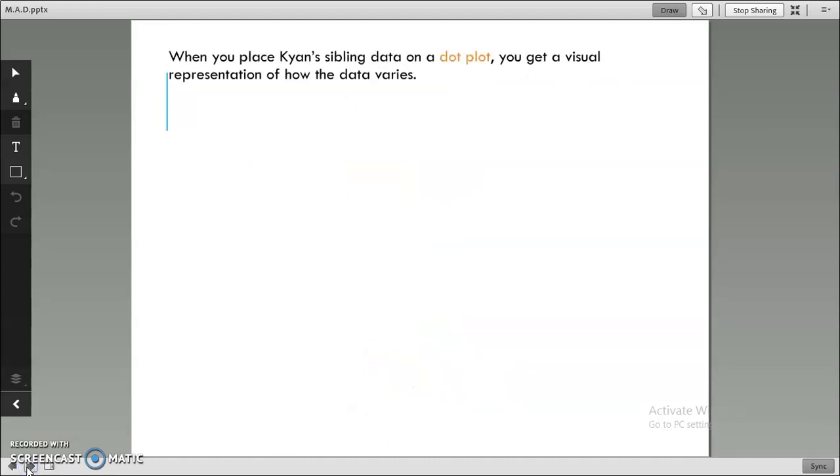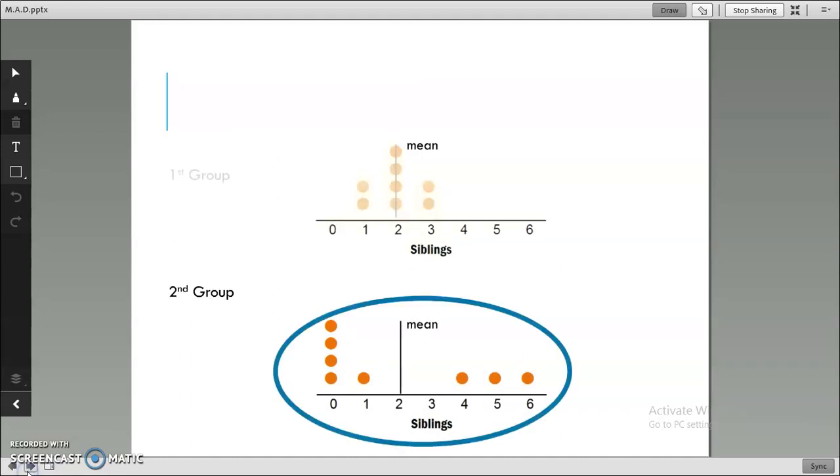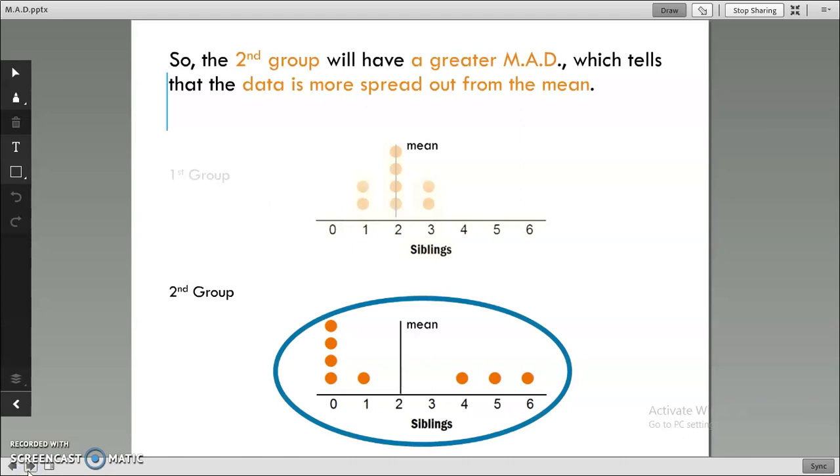When you place Cayenne's siblings data on a dot plot, you get a visual representation of how the data varies. Okay, so here's a visual representation of how it varies. So the second group will have a greater mean absolute deviation because, as you can see, the data varies greatly, which tells us that the data is more spread out from the mean.